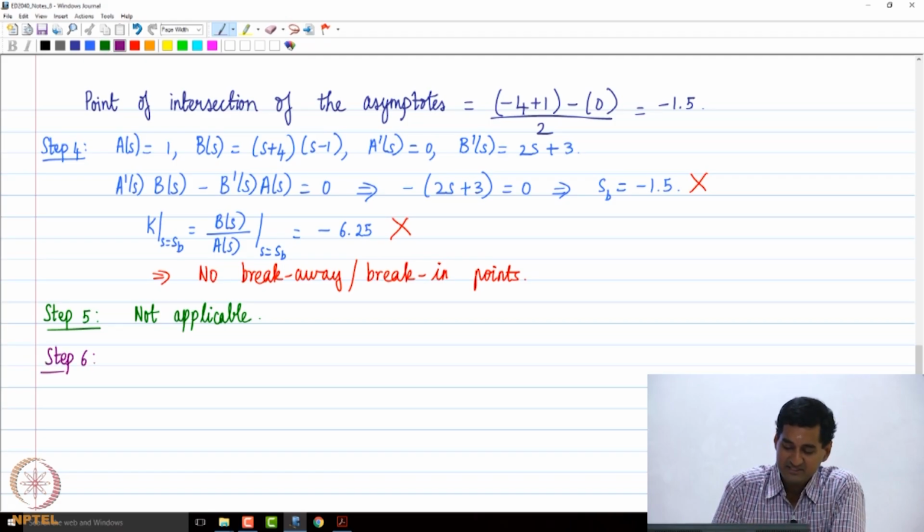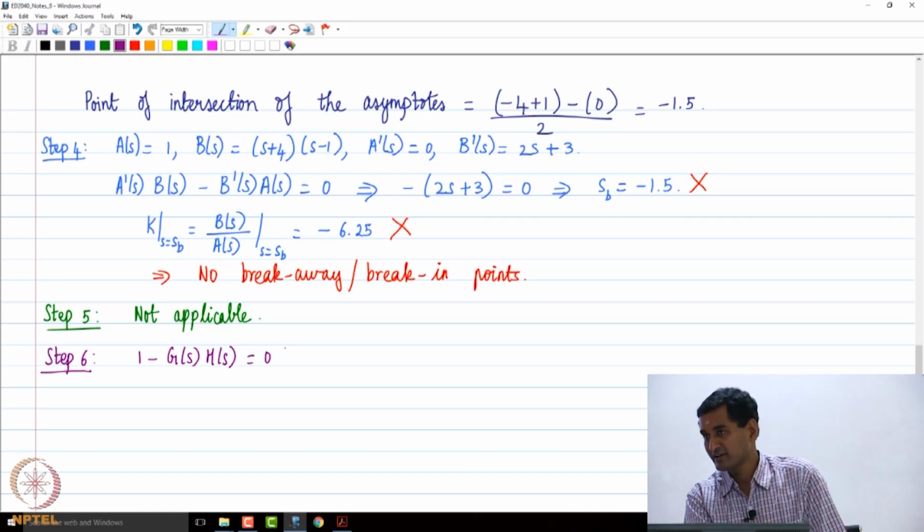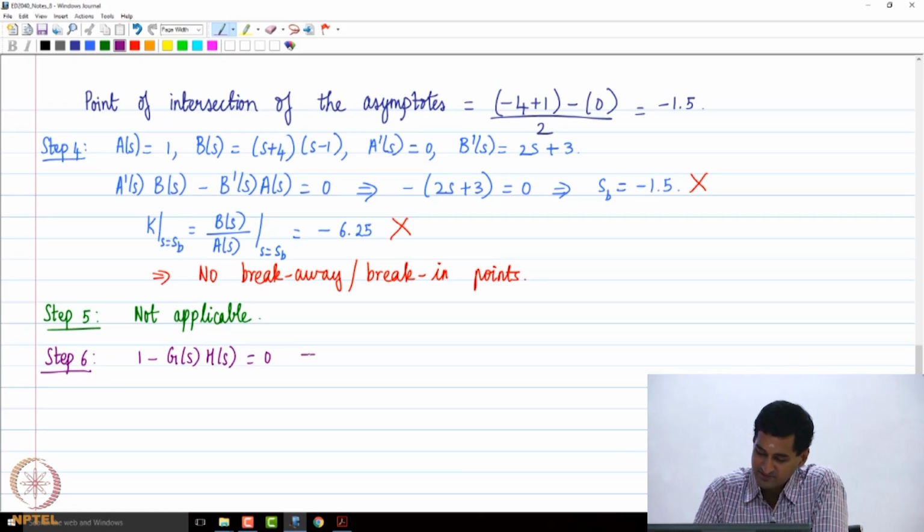So step 6, we need to figure out the crossover points. What is the closed loop characteristic equation? It is going to be 1 minus G of s H of s equals 0. Please remember we are talking about positive feedback, so it obviously becomes 1 minus G of s H of s equals 0.